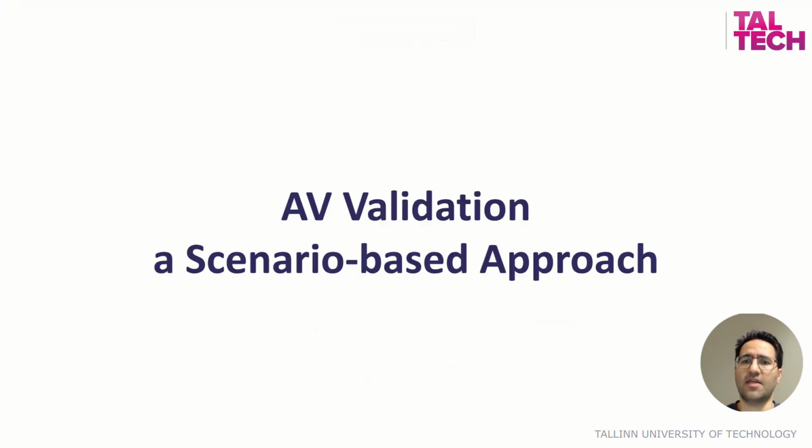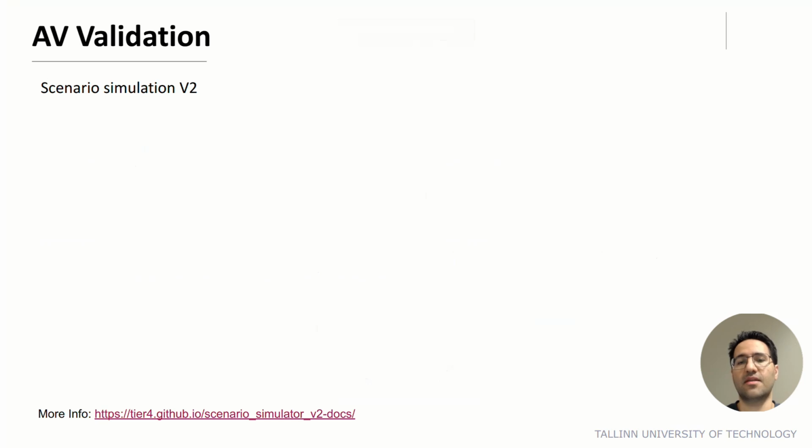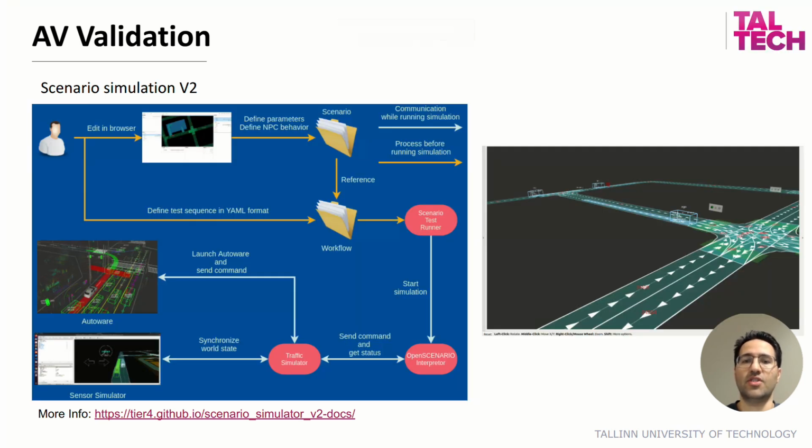After we check out Autoware, we will go through a validation based on a scenario approach in Autoware. For that, we will select a scenario simulation program which is already built on top of Autoware. Your task here is to create a specific interactive scenario with the vehicle and other road users, and then see how our autonomous software behaves in those simulations.